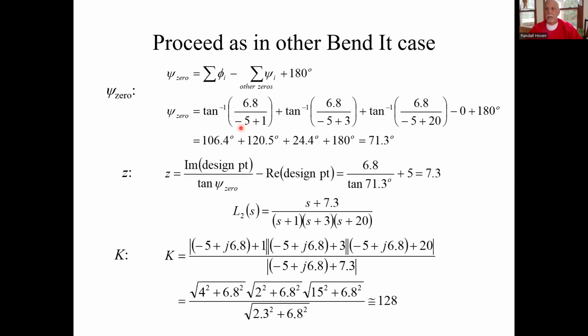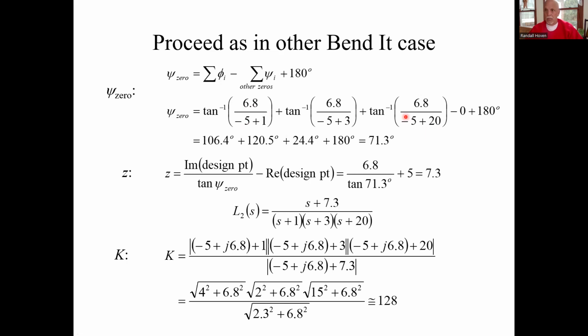And then it's the real part of the design point minus the real part of the pole in question. The real part of the design point was -5, and we have 3 different poles. They were -1, -3, and -20. So all the minuses become pluses.